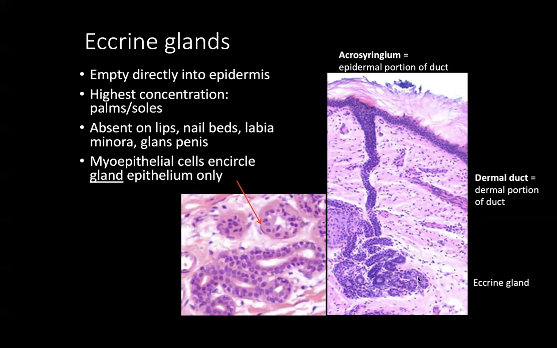So the sweat gland produces the sweat material, and then when it's time to sweat, it'll go up these little ducts all the way to the outside. The dermal duct is here, and the acrosyringium is the portion where the sweat actually exits the skin. That's the epidermal portion of the duct.